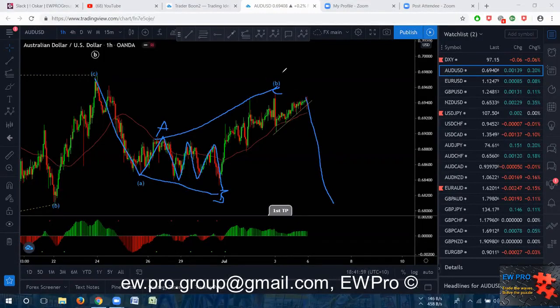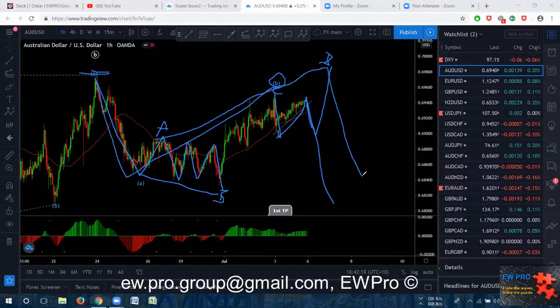Or this B wave here is not over, and we get a little flat in here, an A, B, C, and one more up. Now, the B wave can break this top over here, as we know. A B wave can break the top. So we get an A, B, C for a running or expanding flat.